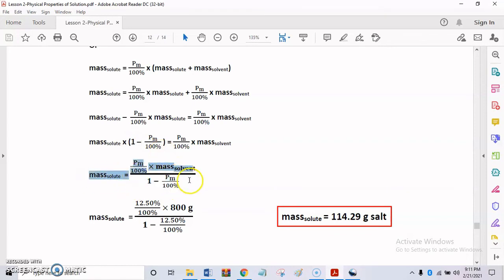So, this is our new equation. Okay? Given the mass solvent of 800 grams and our PM of 12.50%, just input them, and then doing the calculation, we can now have the mass of solute, which is 114.29 gram salt.